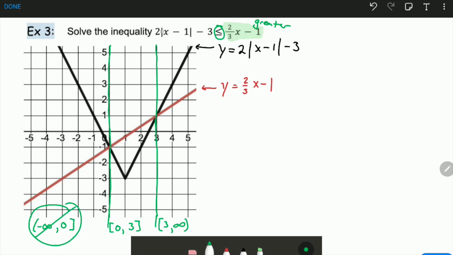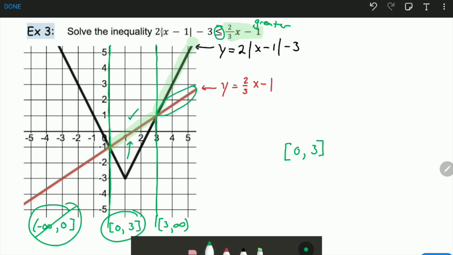Second region, we have our red one right here. That is higher than my black one. So that is good. So 0 to 3. And then the third and final region, my black one is up here. My red one is below it.